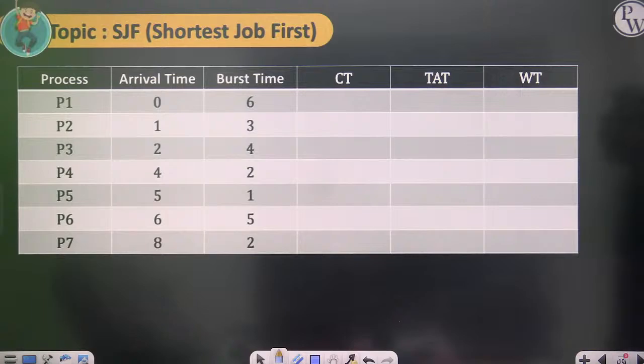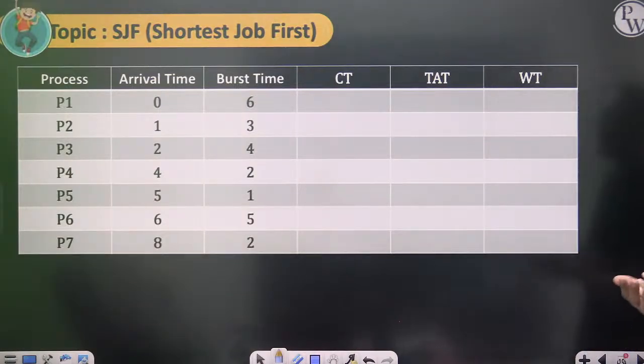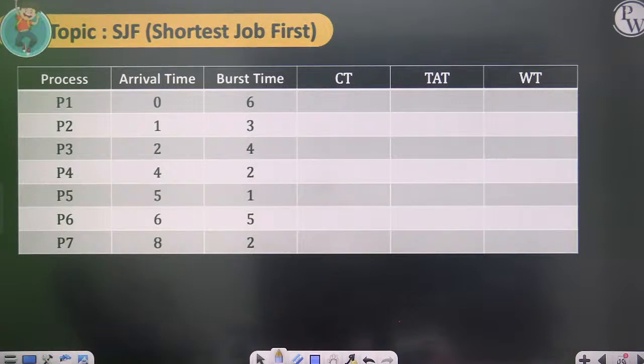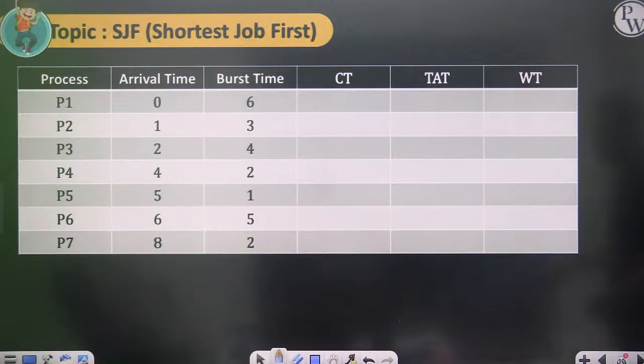Okay, now you try this question. Try. You try this question once. I'm giving you this question, you try it. I know the number of processes is large here, but you will learn.